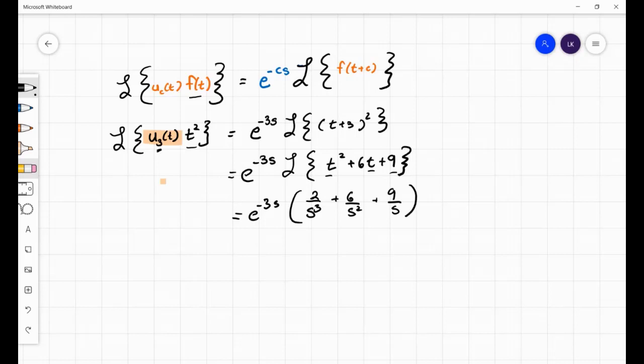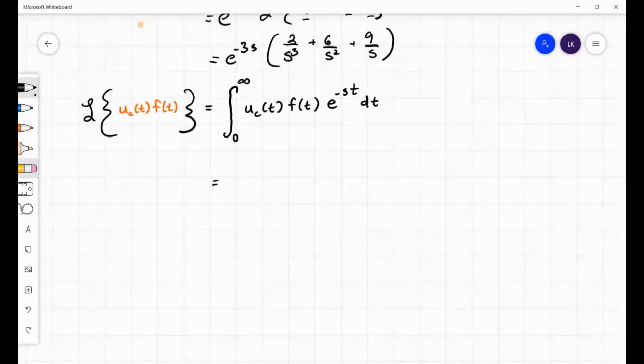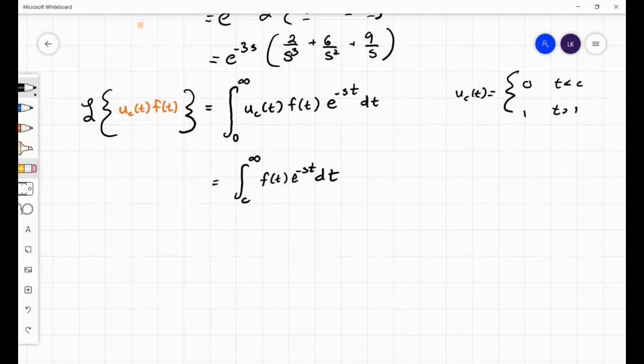Now we are going to prove this using the definition. Because this is 0 for t less than c, we might as well start the integral from c, and after time c, our step function is 1. Now we're going to do a change of variable.